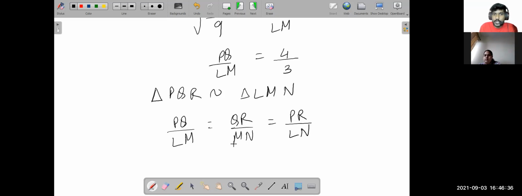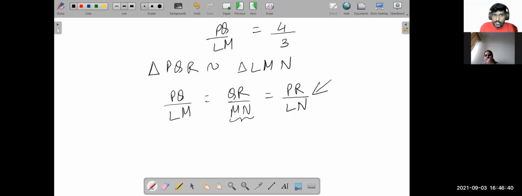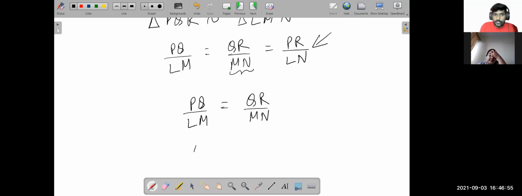And we have to find out MN. So we can ignore this. We don't need the last one to find it out. So we'll use just the first two, PQ upon LM equal to QR upon MN. PQ upon LM we got 4 upon 3, so you can substitute here 4 upon 3.